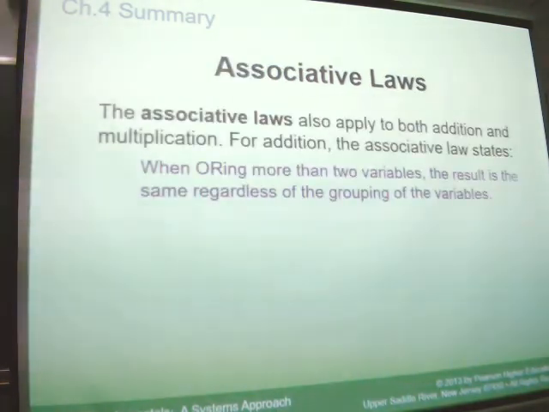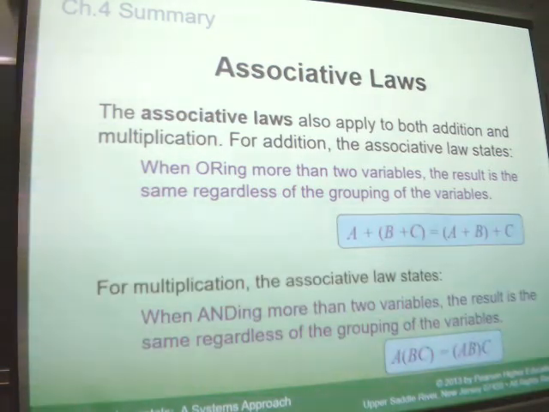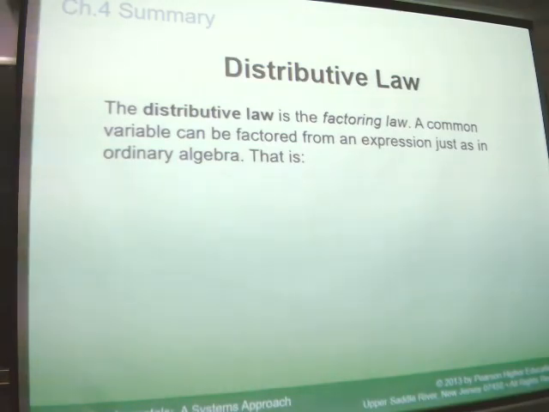Commutative laws and associative laws are very easy. And the distributive law is like this: AB plus AC equals A and (B plus C), or A and (B plus C) equals AB plus AC.